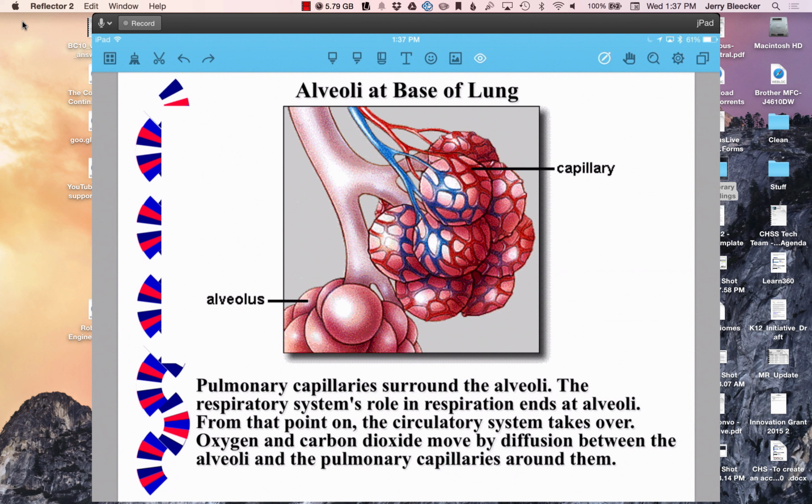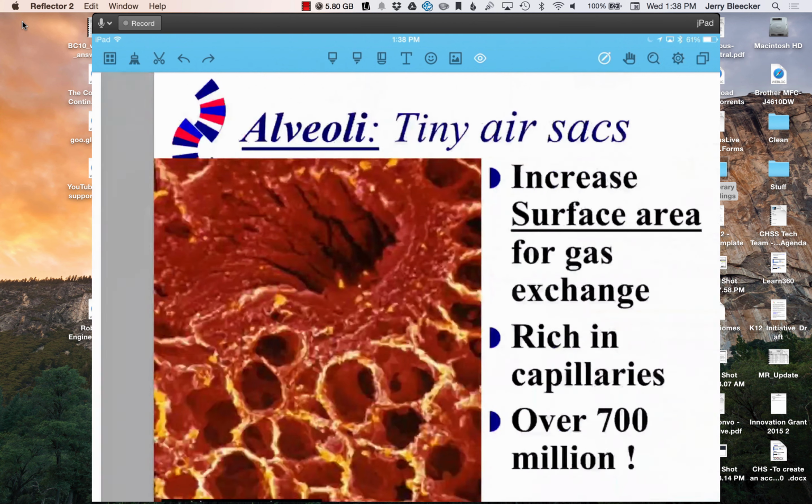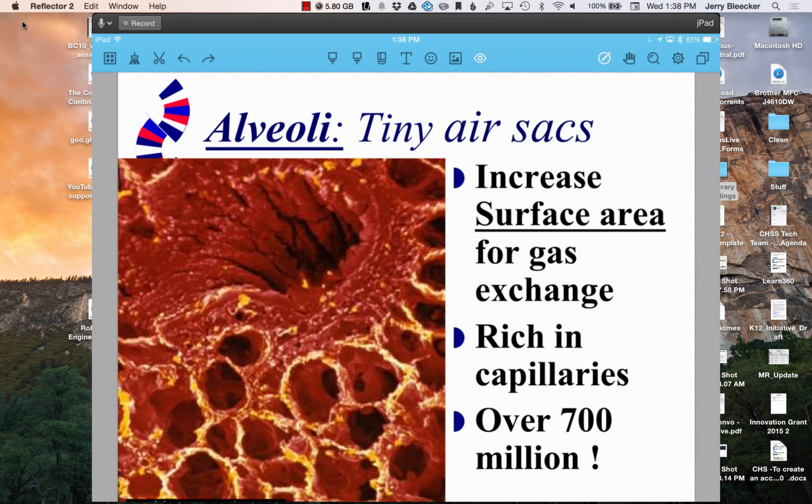And that allows exchange of oxygen and carbon dioxide. But the whole point is to have tremendous surface area. When you look at the alveolar sacs, it's just a huge, huge surface area and extremely capillary rich for gaseous exchange.